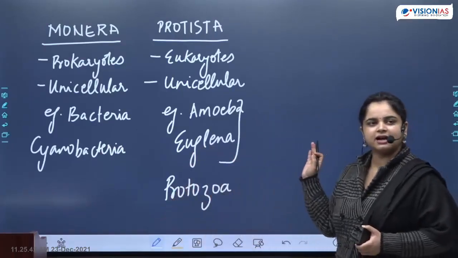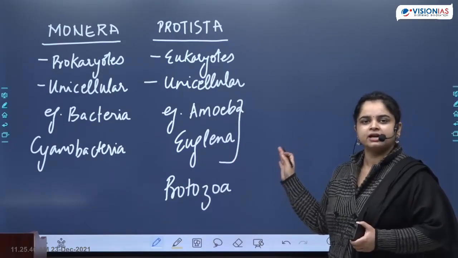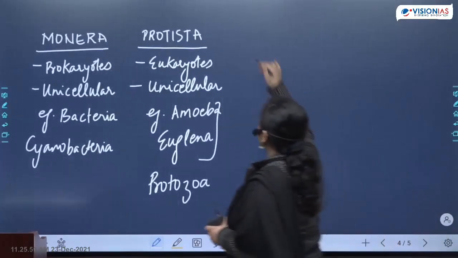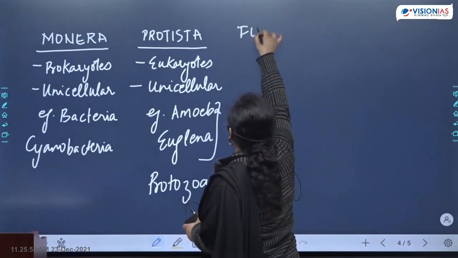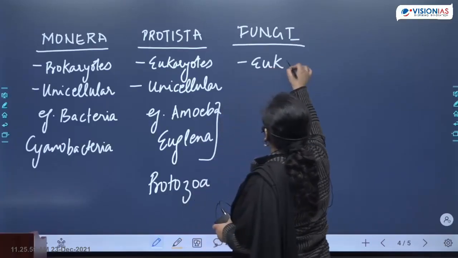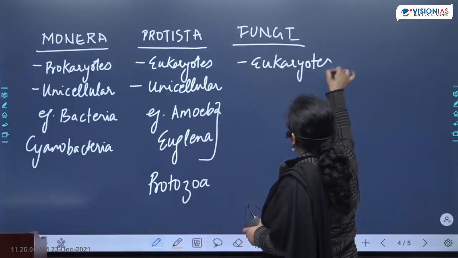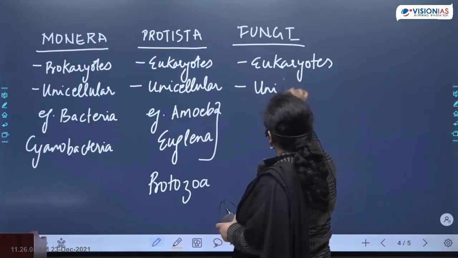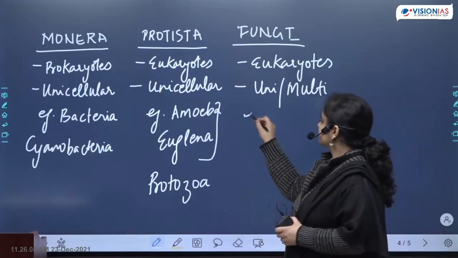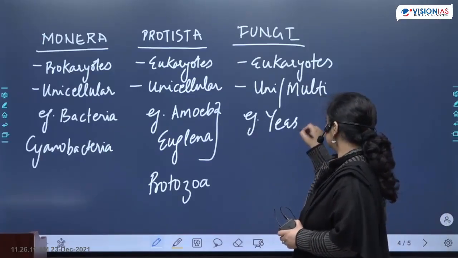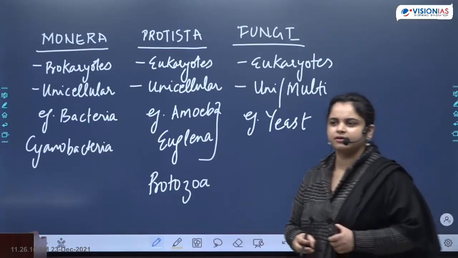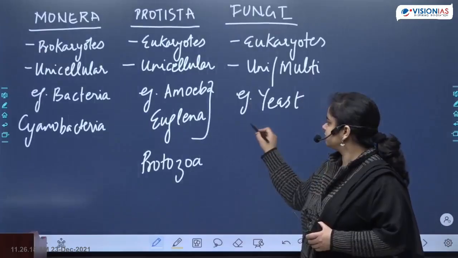All the other three categories, animals, plants and fungi, they would be now eukaryotic. In fungi we may have some unicellular organisms also. So this is eukaryotic. And we can have both unicellular and multicellular here. Example is yeast. What did we learn about yeast earlier? Anywhere you remember yeast being mentioned?